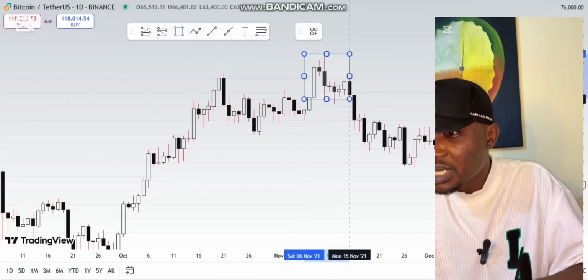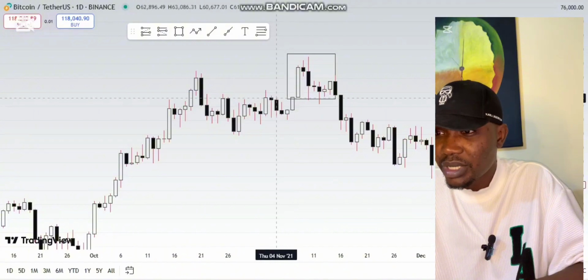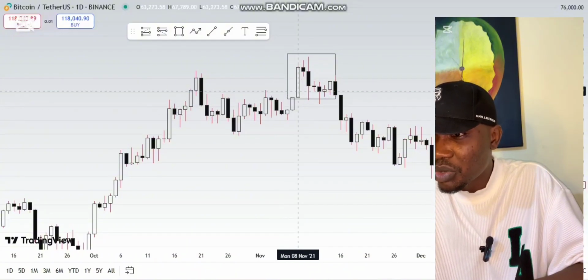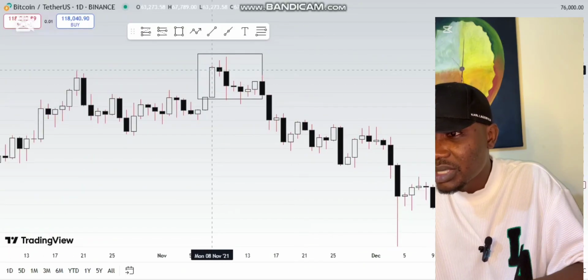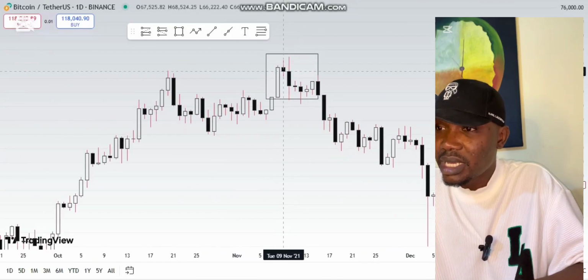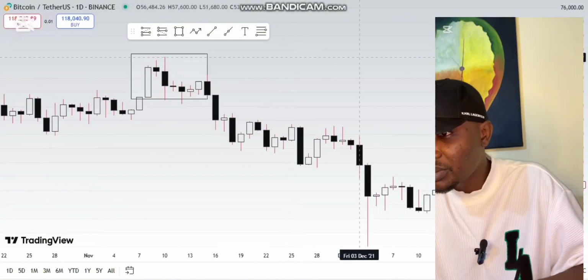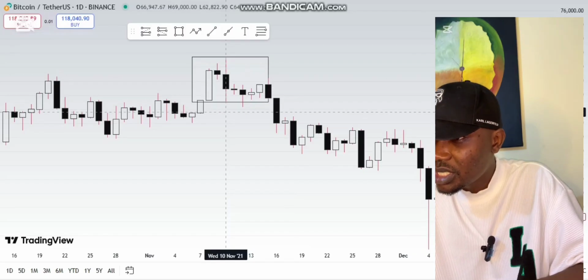As you can see at this point, this is a clear-cut evening star. Bitcoin was making higher highs, printed a green candle, then suddenly a doji followed, which is an indecision candle, followed by a bearish candle that looks like a doji.